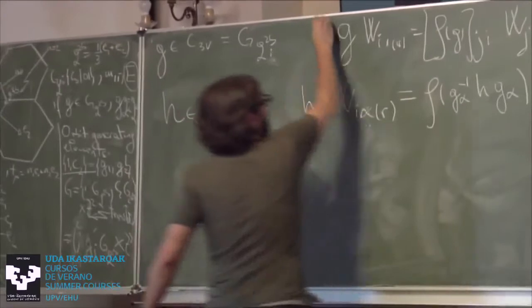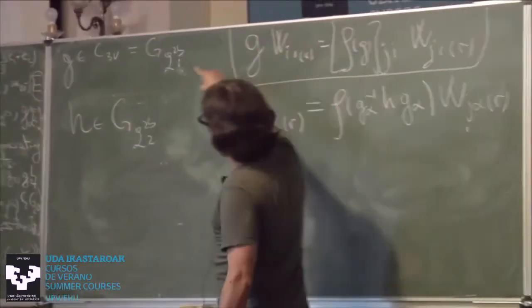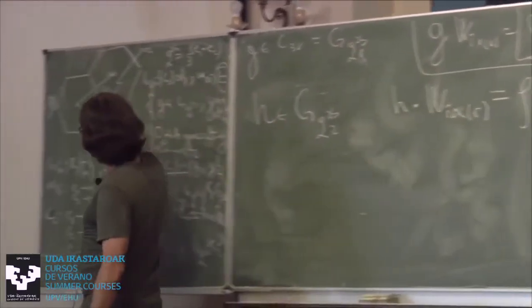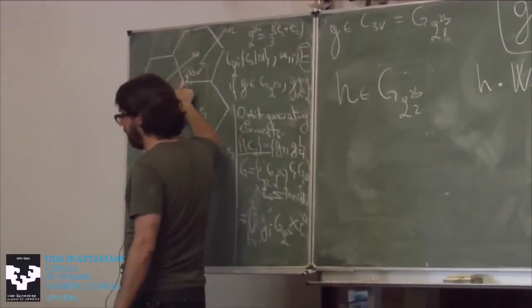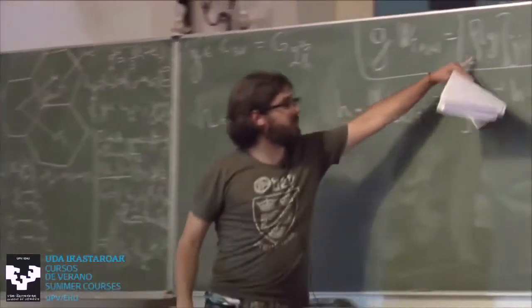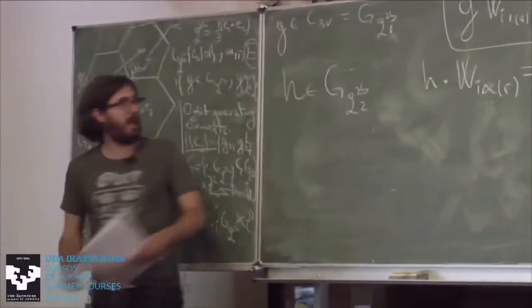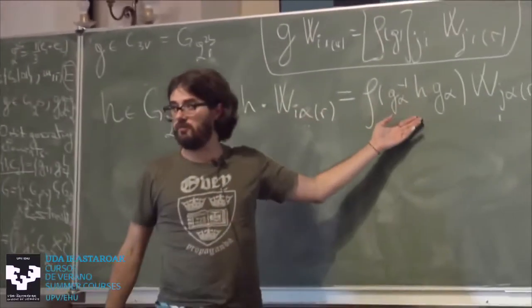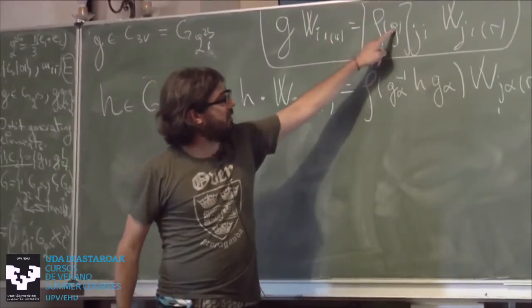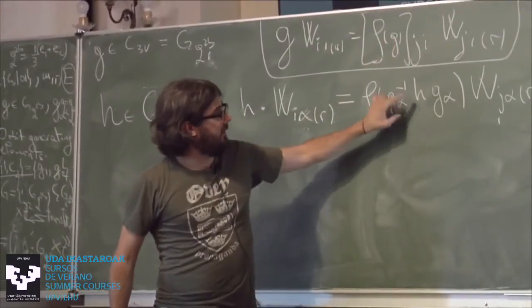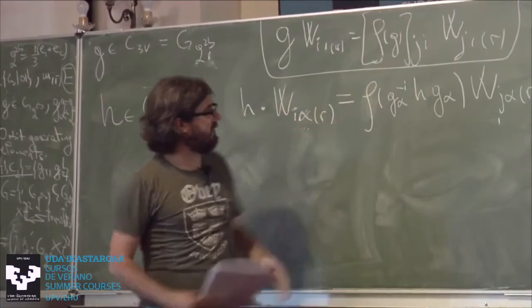So if G belonging to the site symmetry group of this Wyckoff position acts as rho of G, then H belonging to the site symmetry group of this Wyckoff position acts as what's called the conjugate representation. Okay? So knowing this rho, I can immediately find this one.